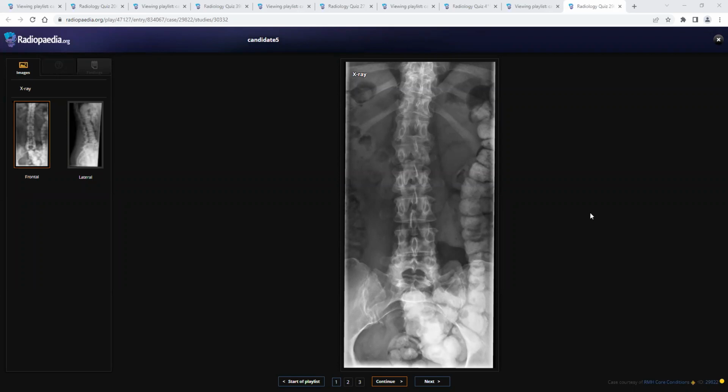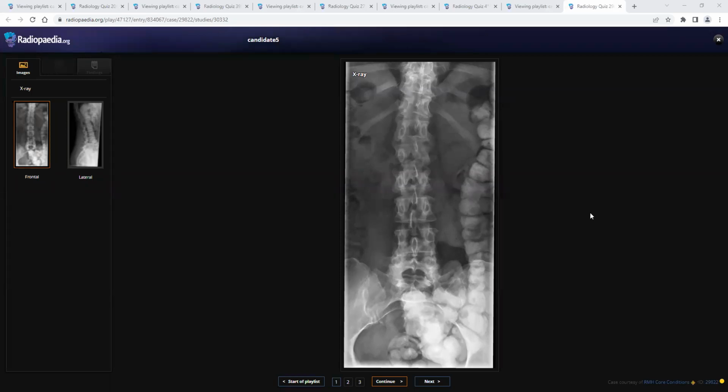So I'm looking at the bones now. The rest of the bowel is unremarkable to me, and the bones, I don't see any definite abnormality. The pedicles are all intact. The sacrum is intact.